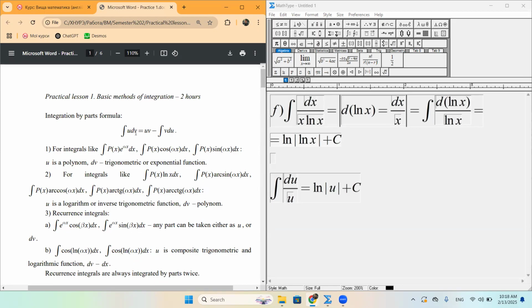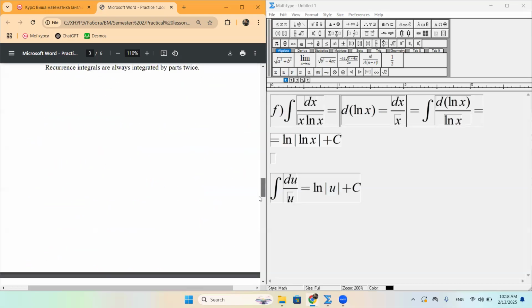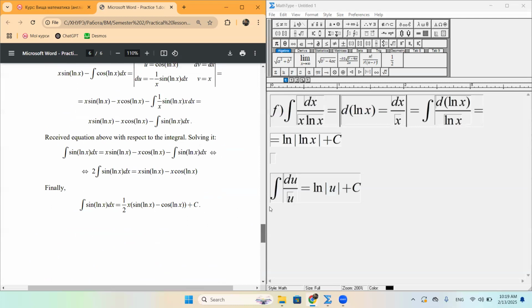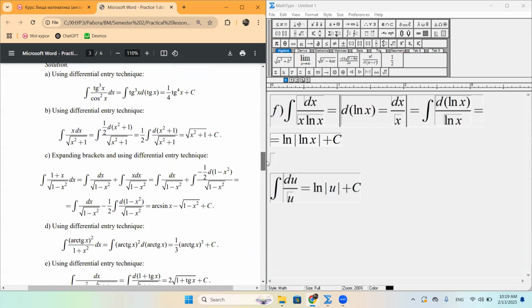We have the initial integral where function v is under the differential, and then we receive the product of functions u and v minus the integral of v, where u is under the differential. So the main question is to define which of the functions must be u and which v.